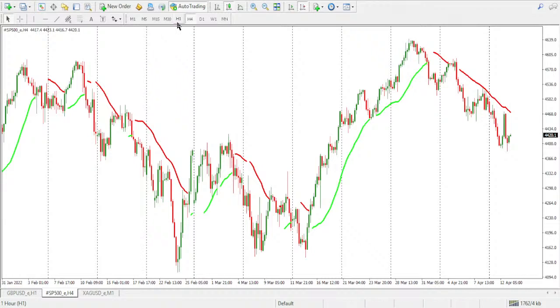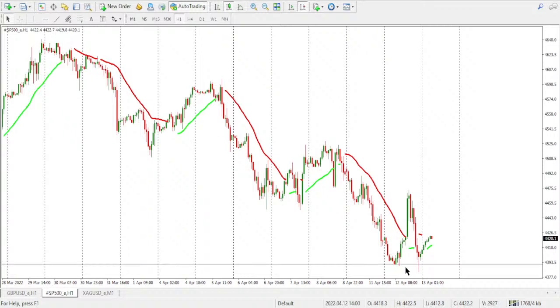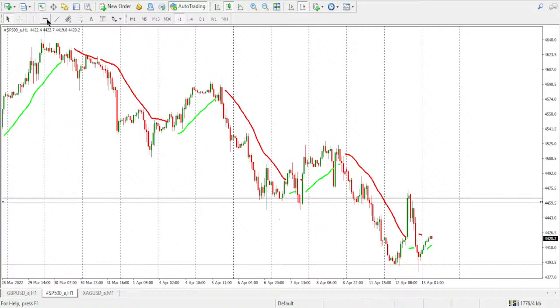For those of us that are doing daily trading, I mean intraday, we'll check the 1-hour chart. So the first level we have is this one. This is a good support. We have another support there. The next level is this one, and then the next level is that one.